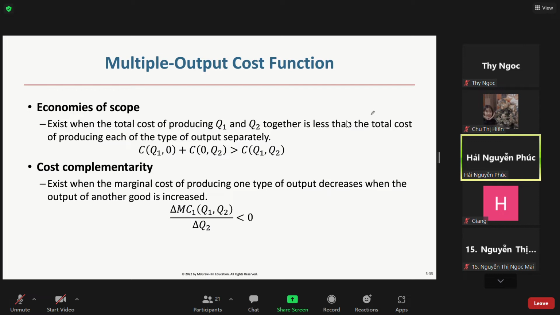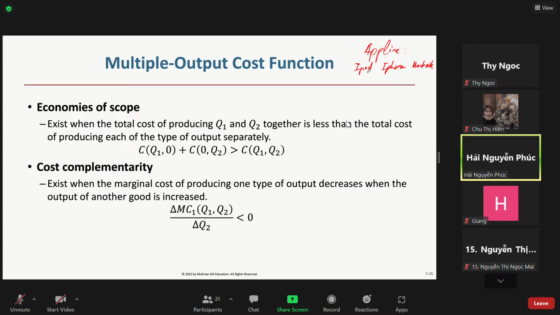For example, let's take an example. You can observe the following. A company like Apple can have various product lines. For example, the product line of iPad, the product line of iPhone, and the product line of, let's say, MacBook.